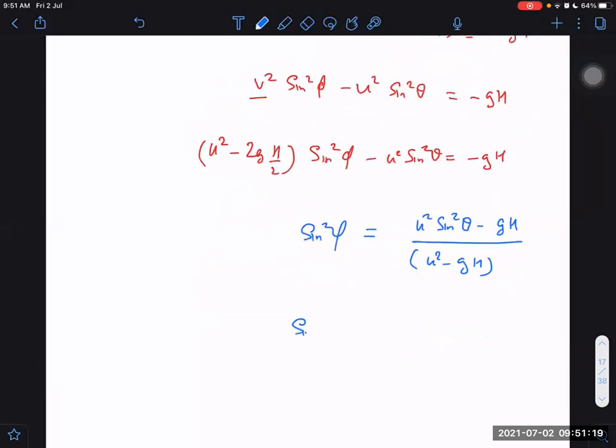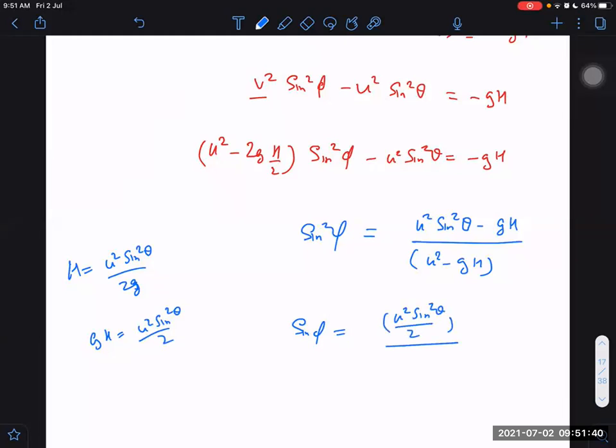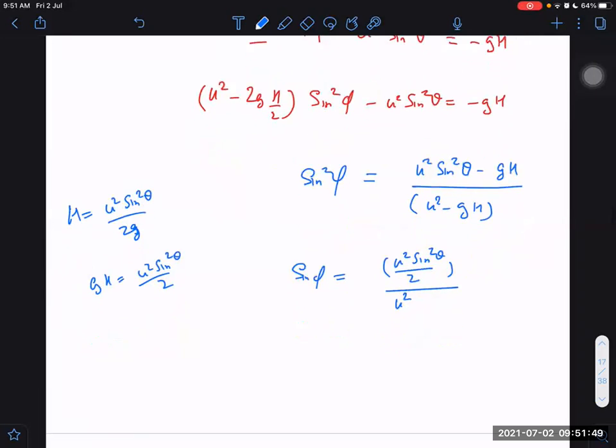Then sine phi is equal to... what is gh? h is equal to u square sine square theta by 2g. So gh is equal to u square sine square theta by 2. Divide by u square.